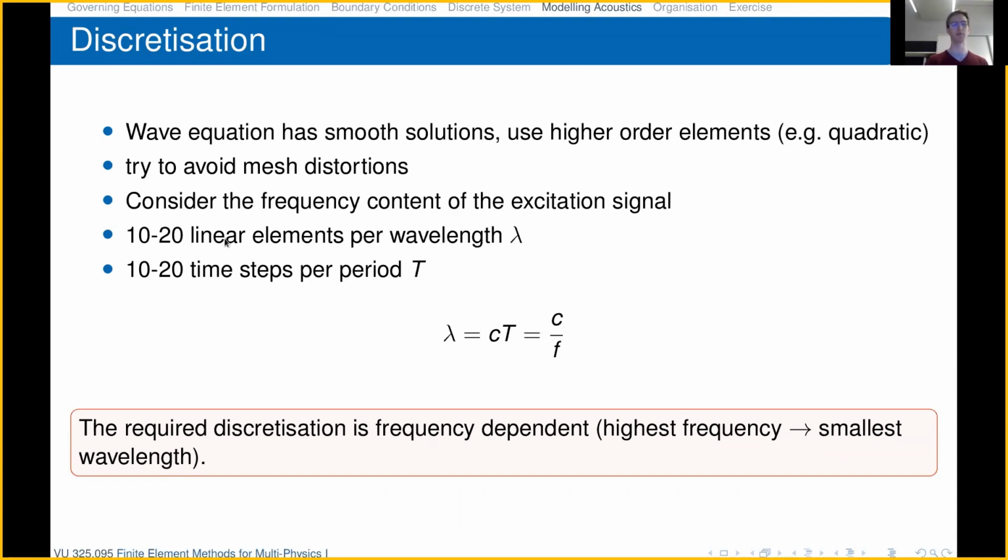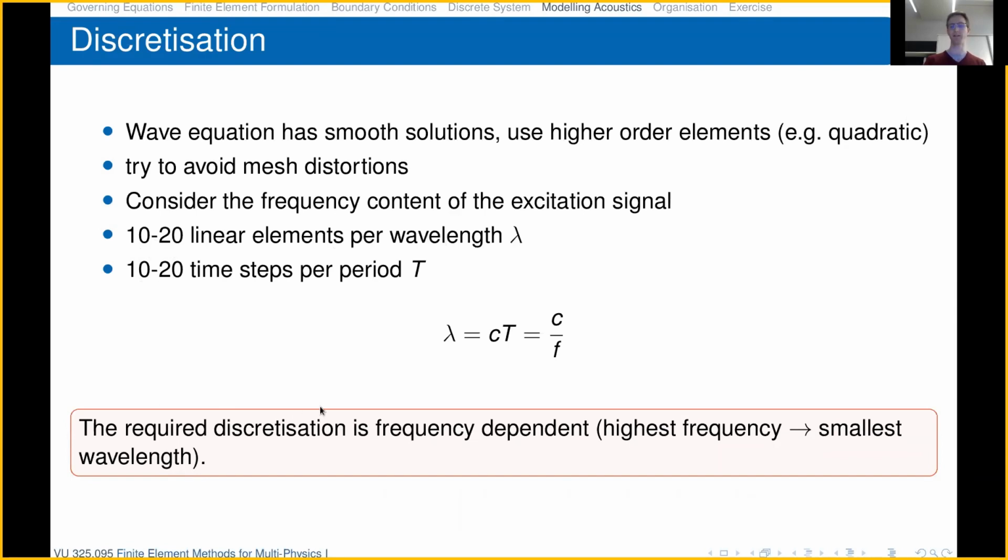So you should use 10 to 20 linear elements per wavelength. This gives you the spatial resolution. And you should use, if you do transient analysis, 10 to 20 time steps per period. So what you can see is that the required spatial discretization is frequency dependent.